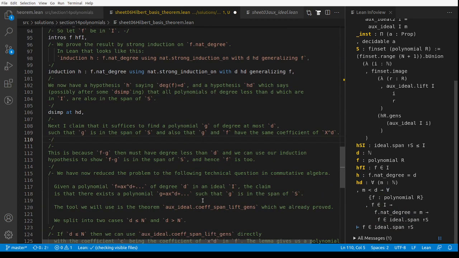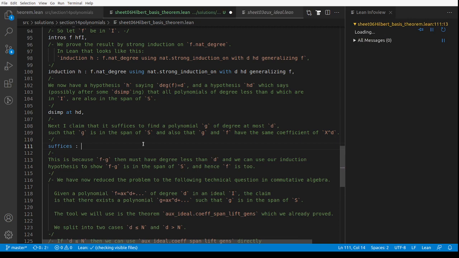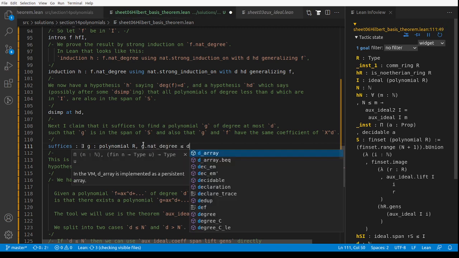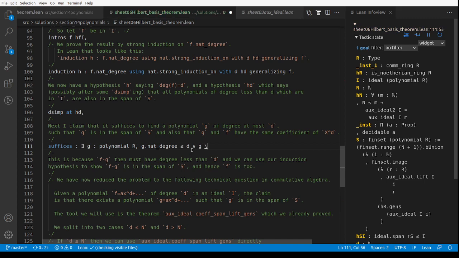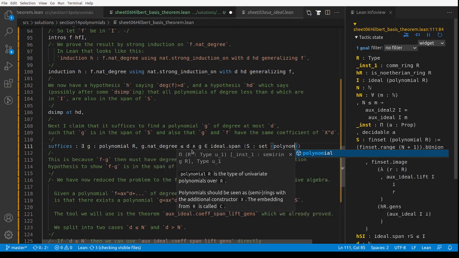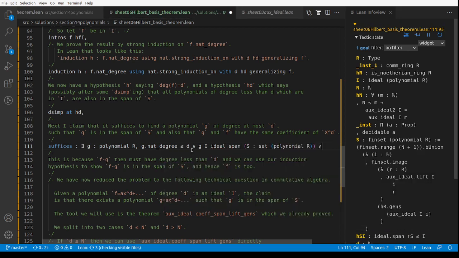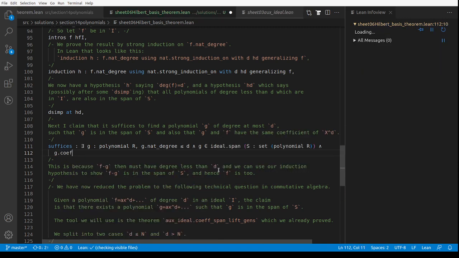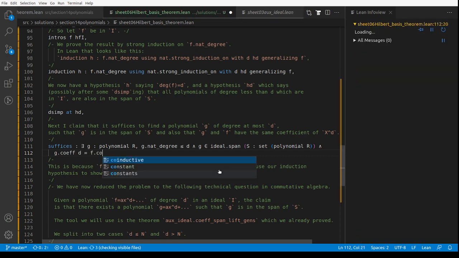So that's the idea. So we claim it suffices to find a polynomial g. So suffices, there exists g, a polynomial, such that g.natDegree is less than or equal to d, and g is in the span of S, Ideal.span S, set polynomial R. And g and f have got the same coefficient of x to the d, so g.coeff d equals f.coeff d.